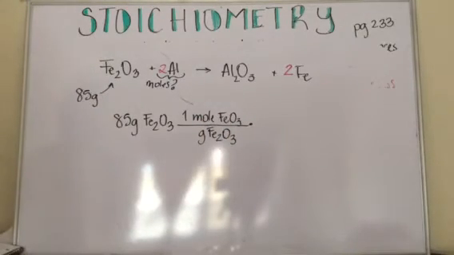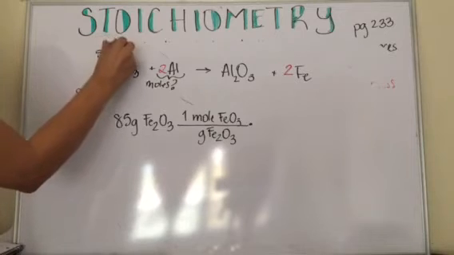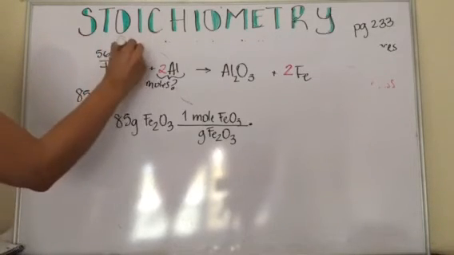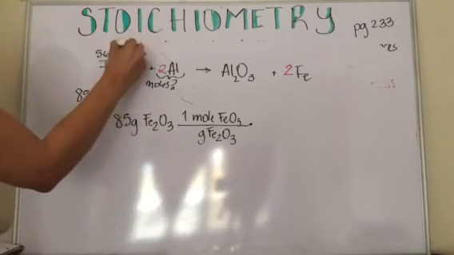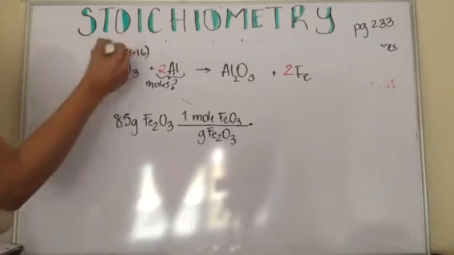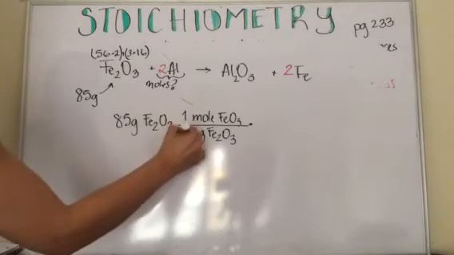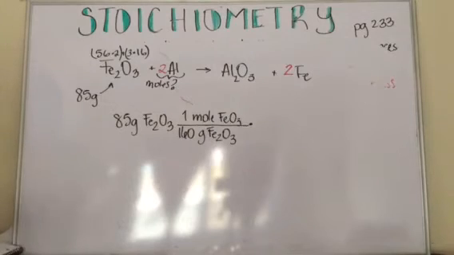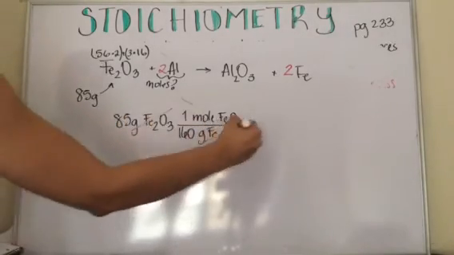I want to eliminate grams, so I need the molar mass of this. So we already know that iron weighs 56 times 2 plus 3 times 16. And that's going to give me the molar mass of iron oxide, which is 160 grams. So now I can eliminate grams, and I'm left with moles.